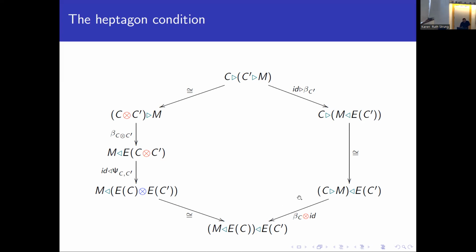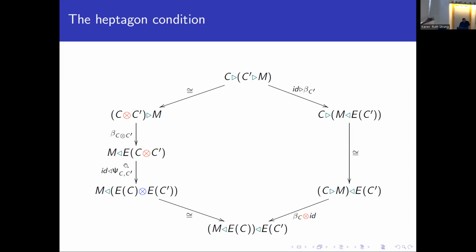So you can see here, let's say if you have C and C prime in monoidal category C, and they act upon M, because it's monoidal, because this is a bicategory, so this is isomorphic to C tensor C, where the tensor product is the tensor product of monoidal category C. And with the half braiding, it's the same.